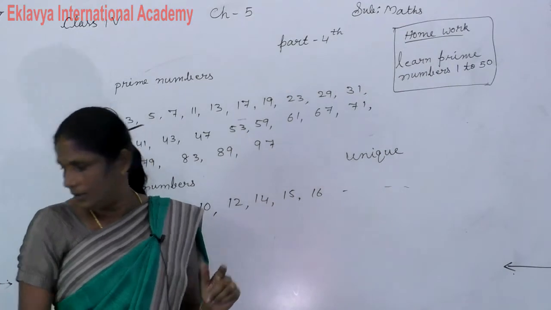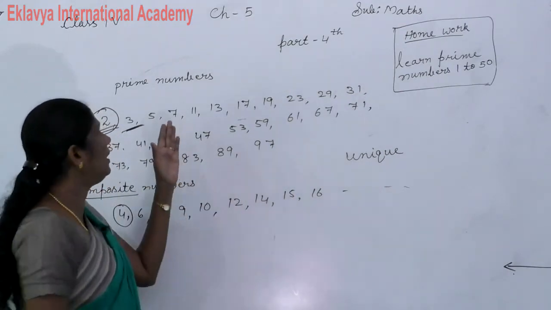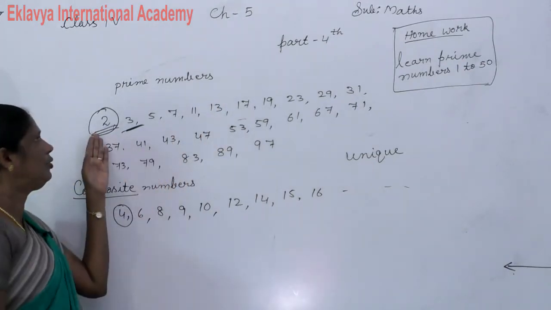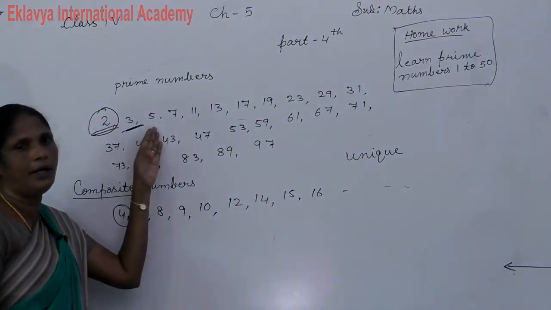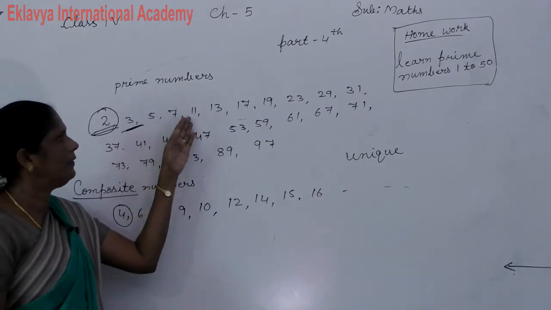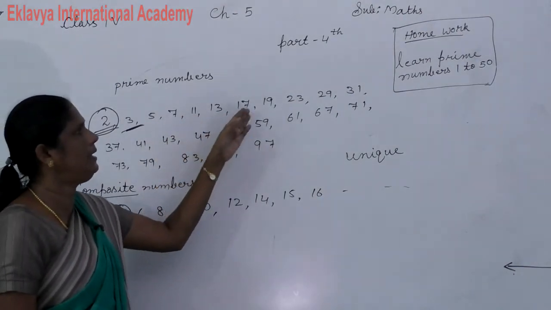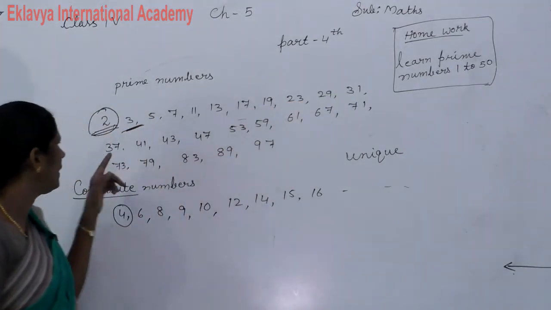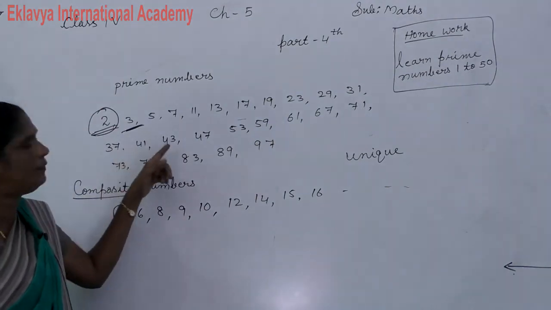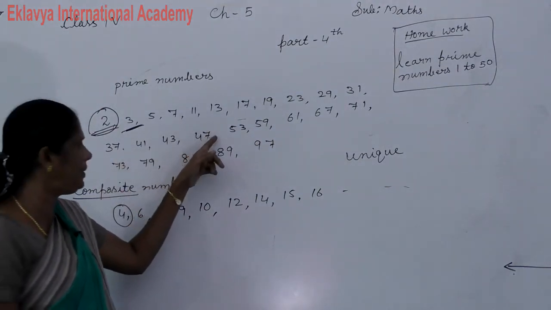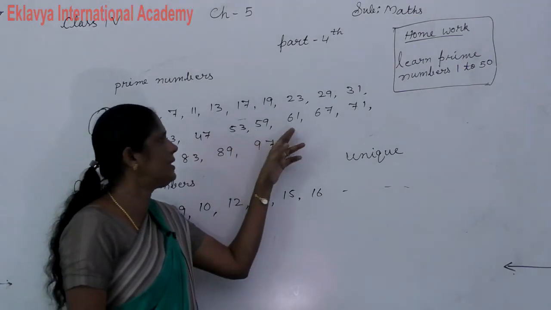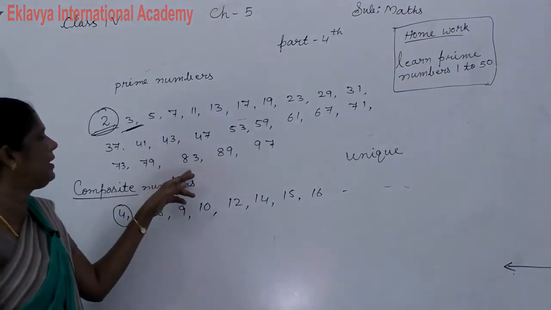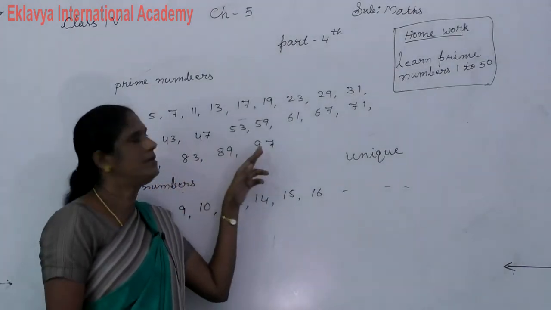Understand? You learn the prime numbers. Again say the prime numbers: 2, 3, 5, 7, 11, 13, 17, 19, 23, 29, 31, 37, 41, 43, 47, 53, 59, 61, 67, 71, 73, 79, 83, 89, 97.